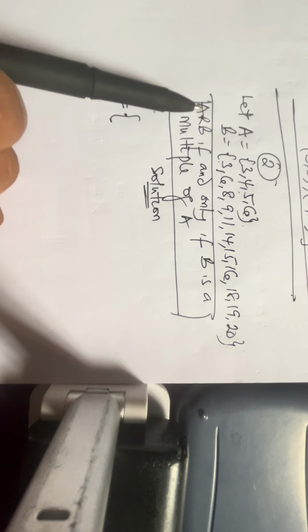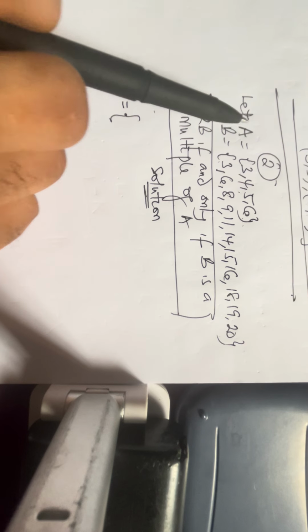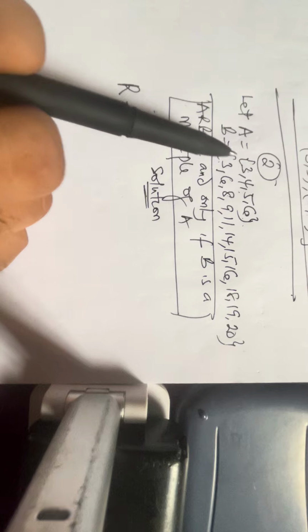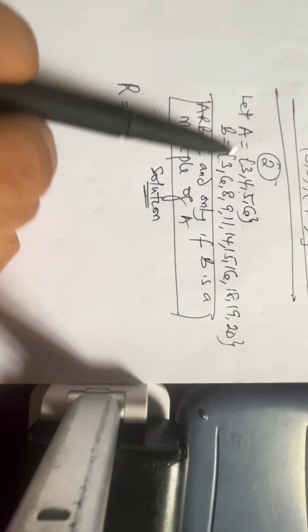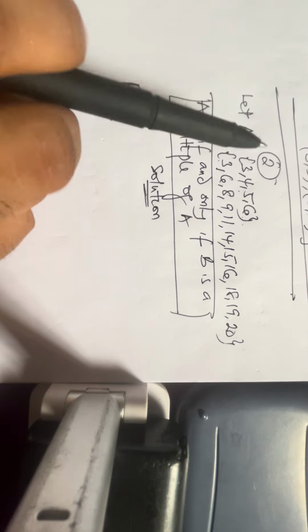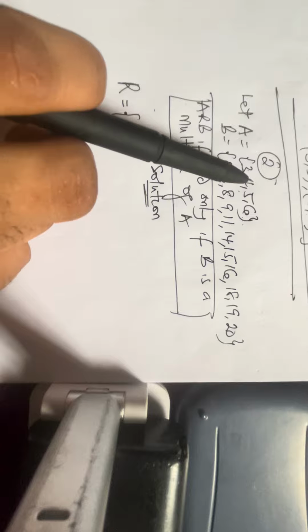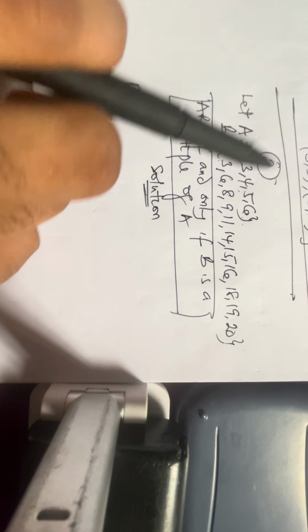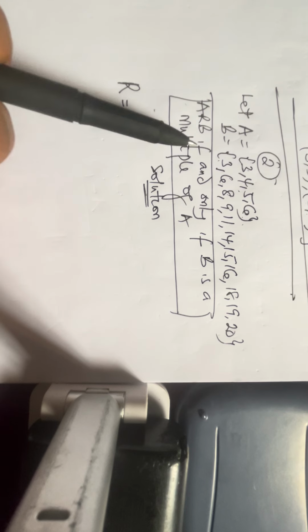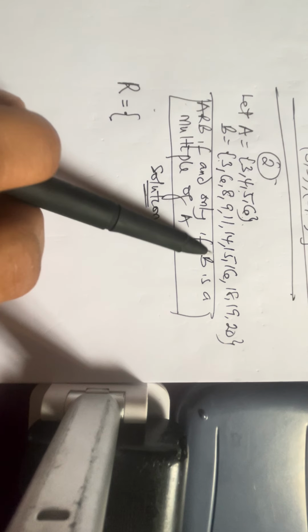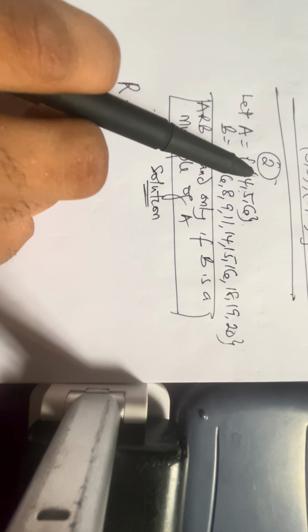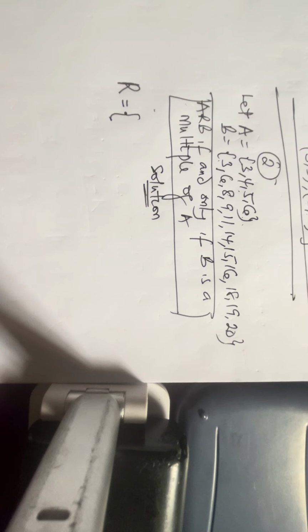Since we are looking at A relation B, we are relating A with B, so the values for A will have to come first before B. The rule is that we will relate the values in set A by the values in set B that can divide the values in set A without a remainder. That's what we mean by multiple. B is a multiple of A.